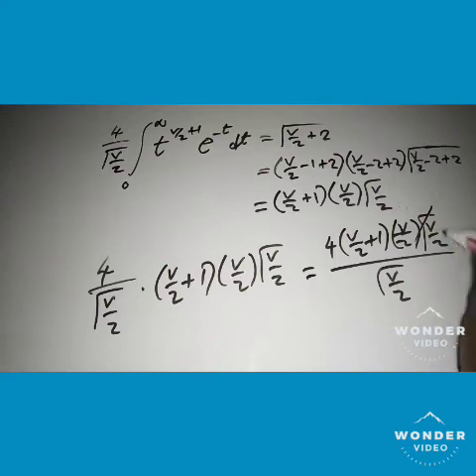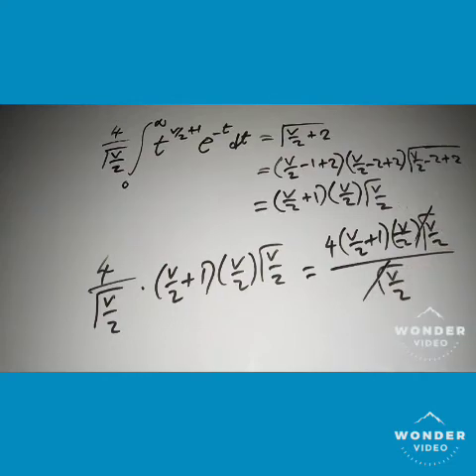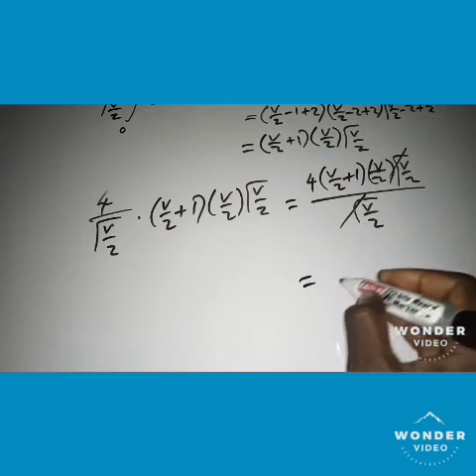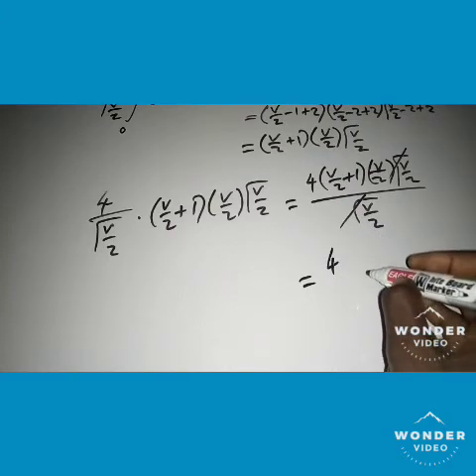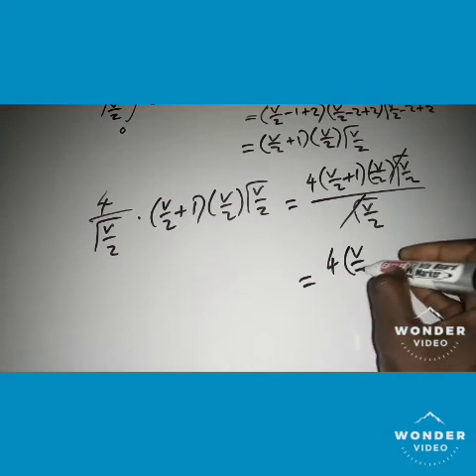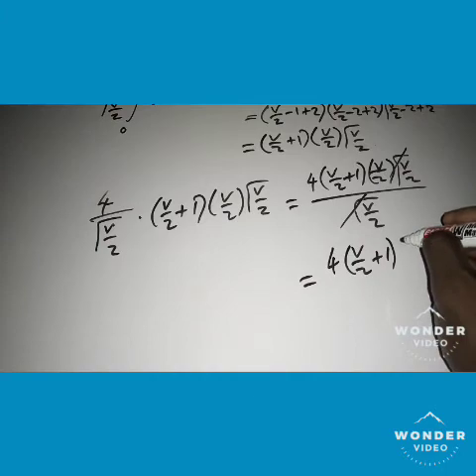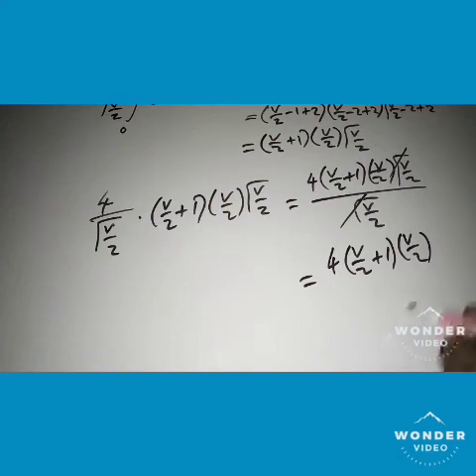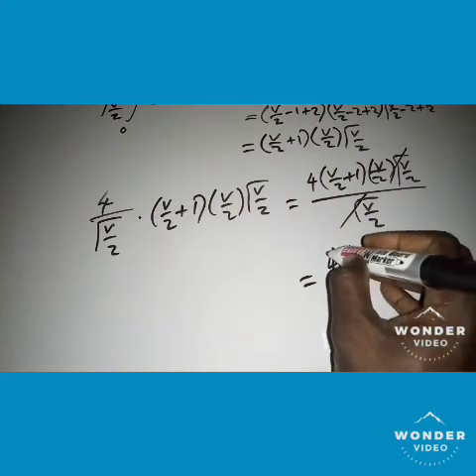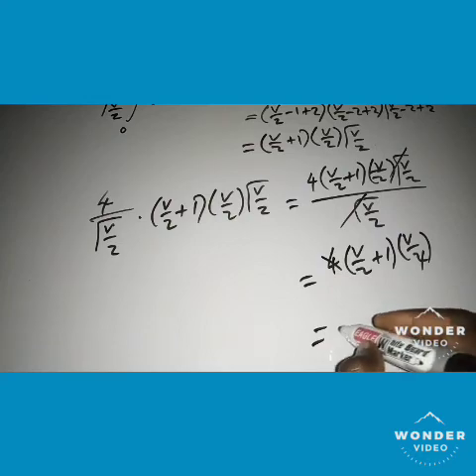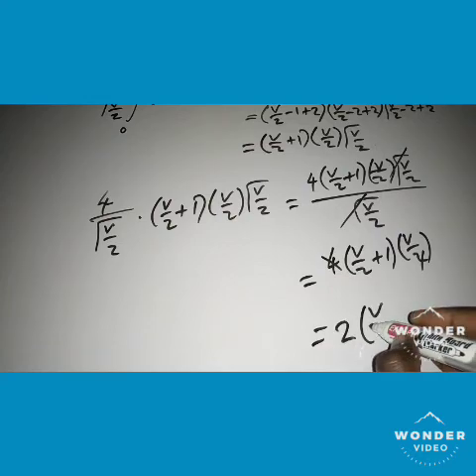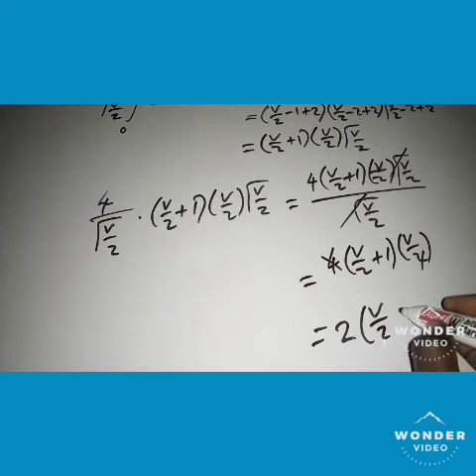Gamma of v over 2 cancels gamma of v over 2, leaving us with 4 times v over 2 plus 1, times v over 2. So 2 here, 2 here, so we now have 2 times v over 2 plus 1 times v.